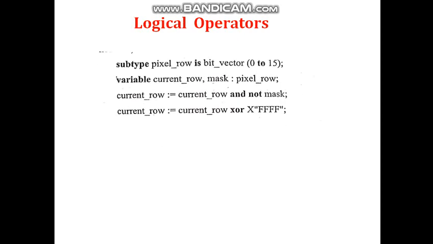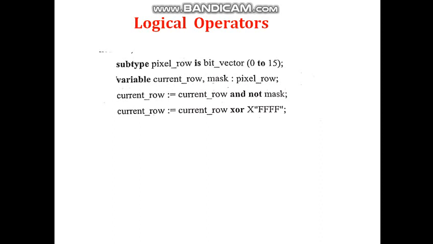There are some declarations and statements which show the use of logical operators when applied to the bit vector. The first is the subtype pixel_row is a bit vector from 0 to 15.